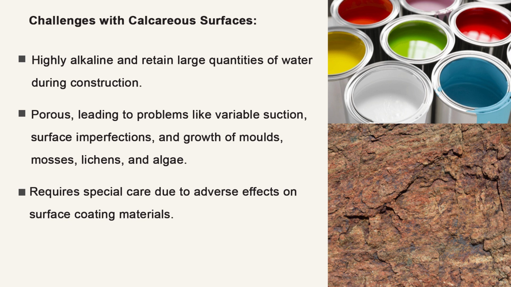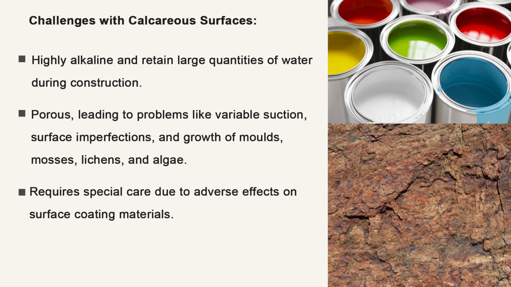Selecting a paint with specific characteristics becomes very essential. Therefore, an ideal paint that you choose for this purpose should be durable and form a hard surface to overcome issues like variable suction and surface imperfections. And also, it should effectively address mold and algae growth.